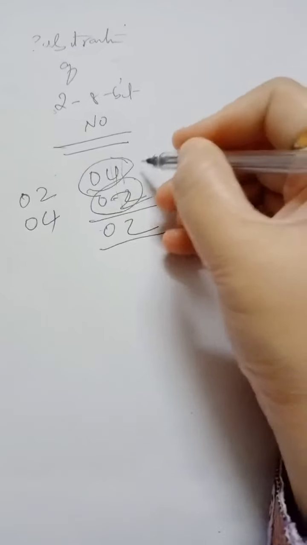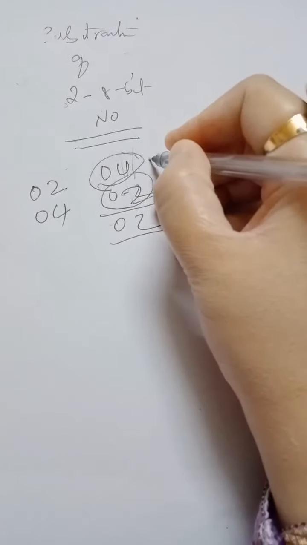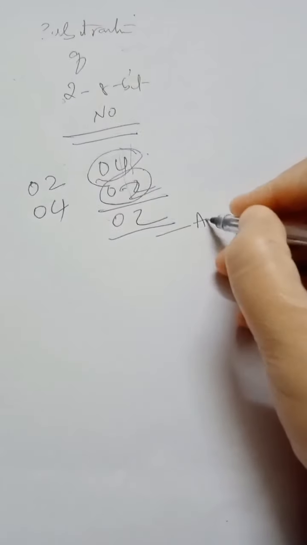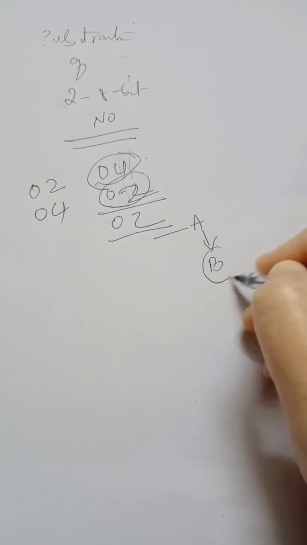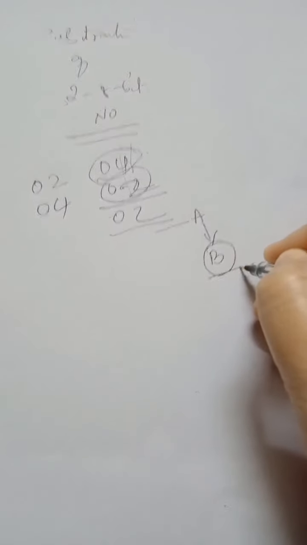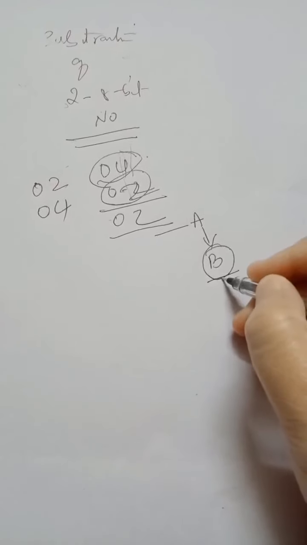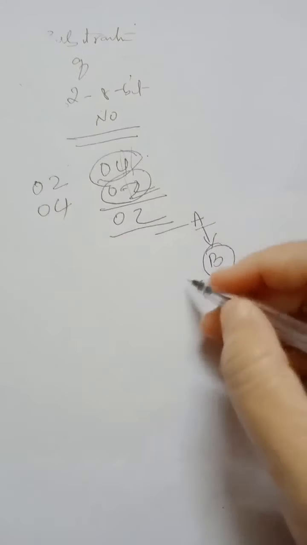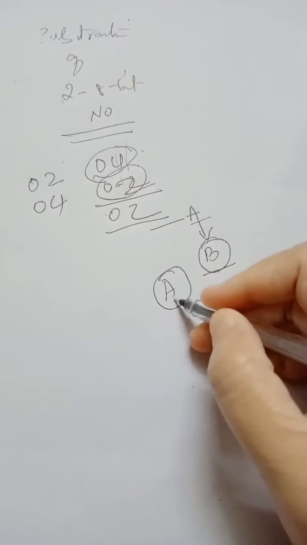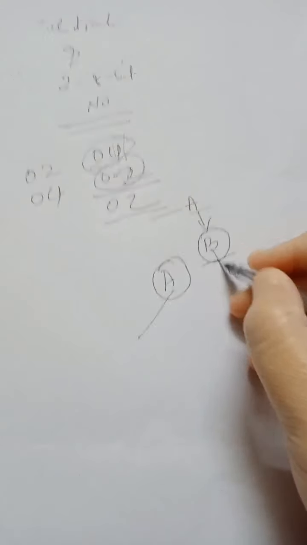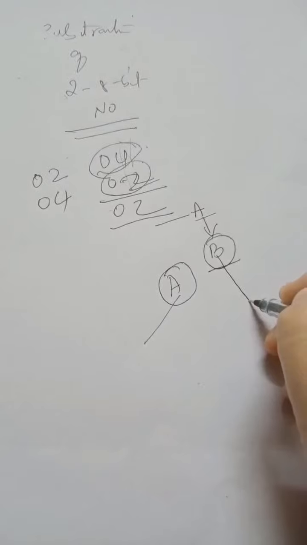Okay, so what is our target now? First we have to load the data in the accumulator, then from the accumulator we have to transfer it to any other register. So I am transferring it to the B register, and now the accumulator is empty. Now I have to load the second number in the accumulator. Now one data is in the accumulator, one data is in the B register.